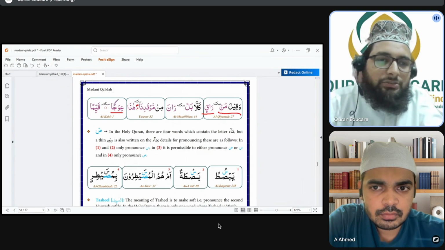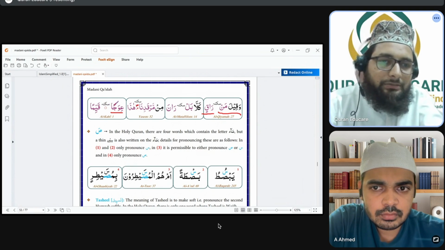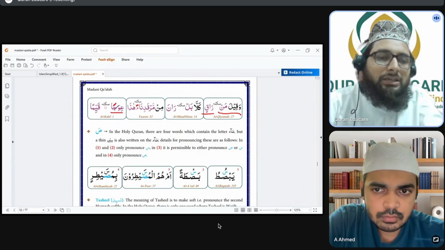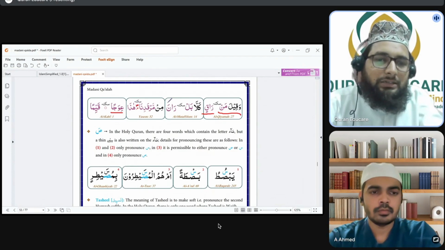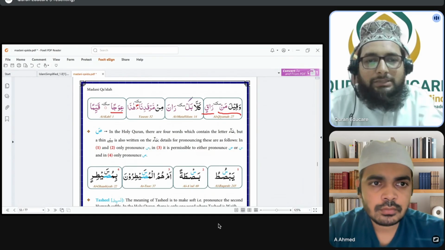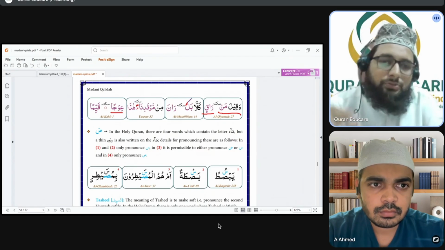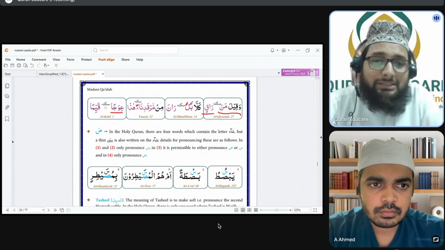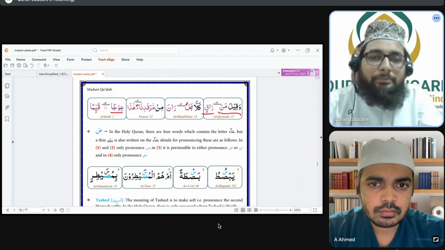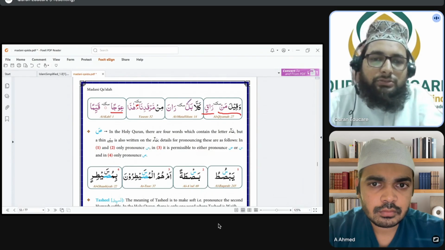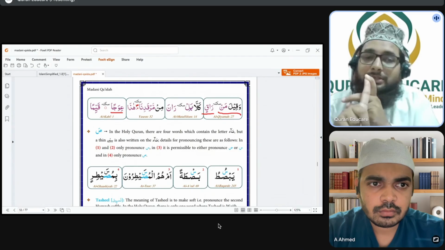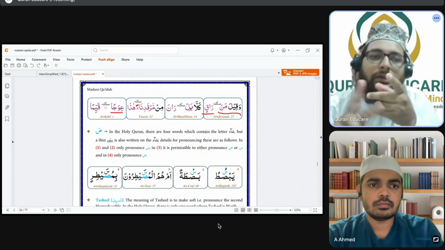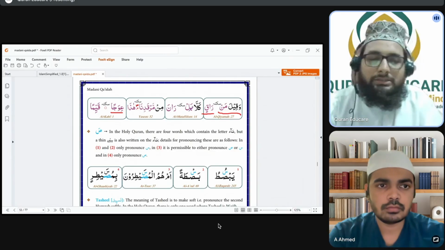Two zabar will change into one zabar, like iwajan qayyiman. And if there's a haraka, like a zabar, as in kalla bala, it will change into jazm. What is the ruling of Sakta? There are two rules: the haraka will change into jazm, and two zabar will change into one zabar.